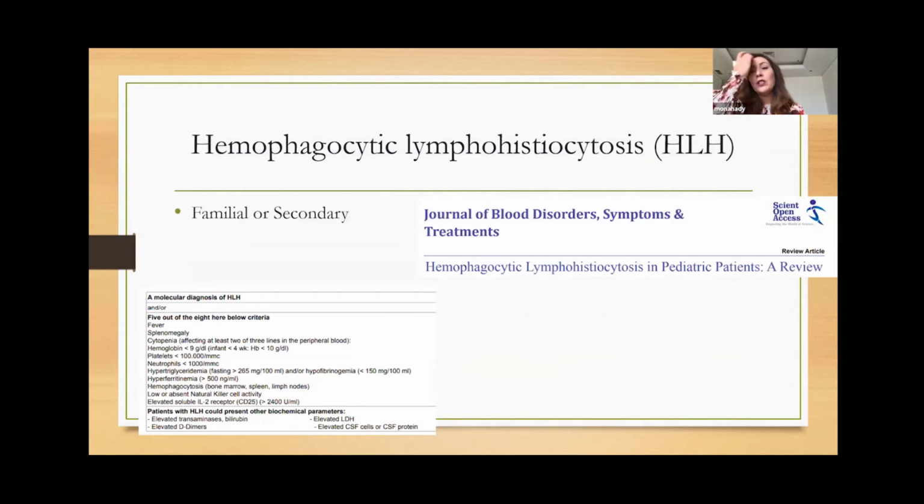Another hematological condition commonly referred to us with liver dysfunction is HLH, and it's either primary, familial or genetic, where there is a family history of HLH. It is autosomal recessive in most of the cases, or secondary to sepsis.